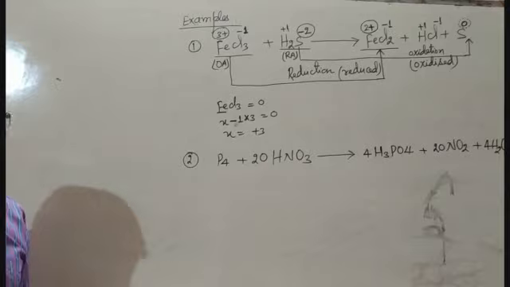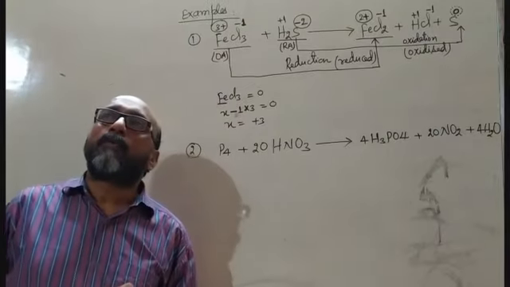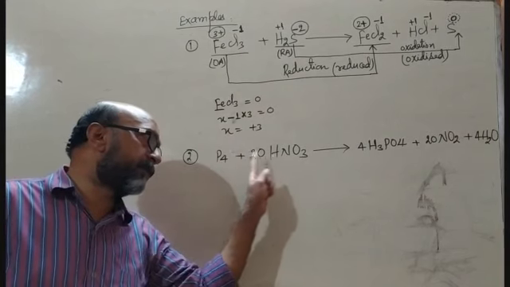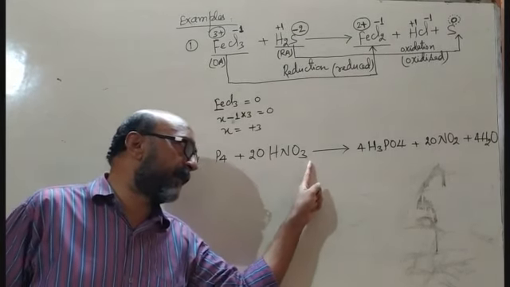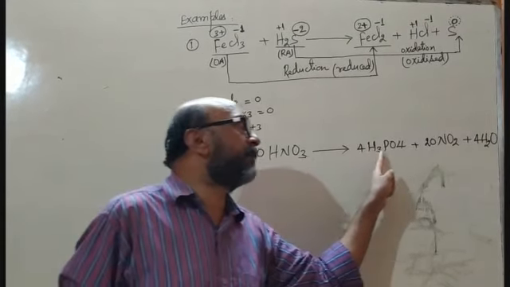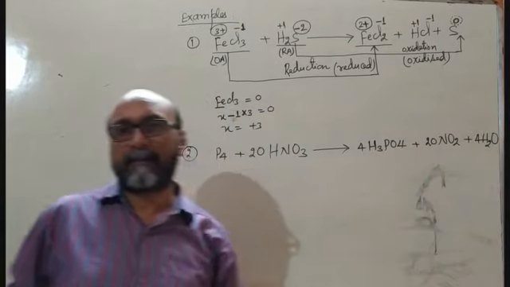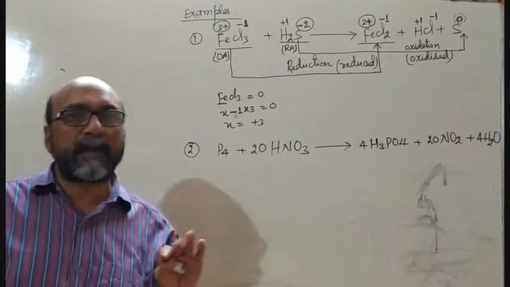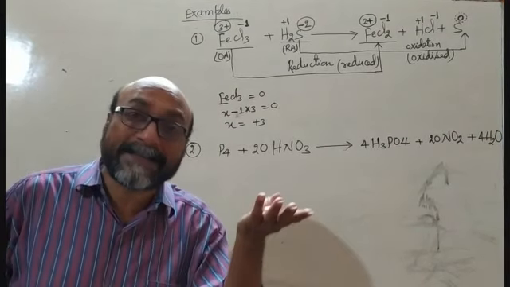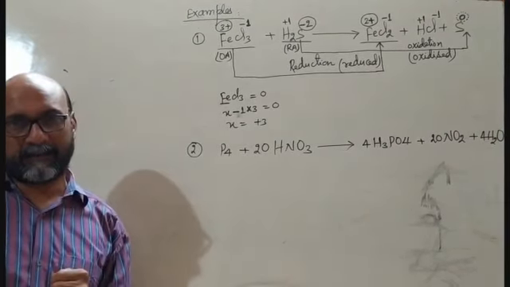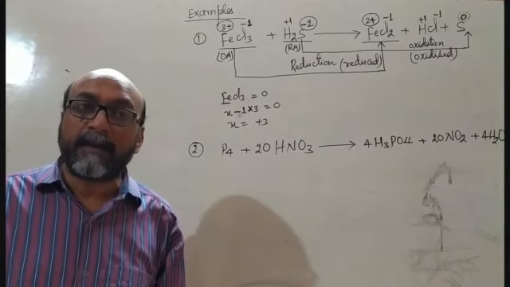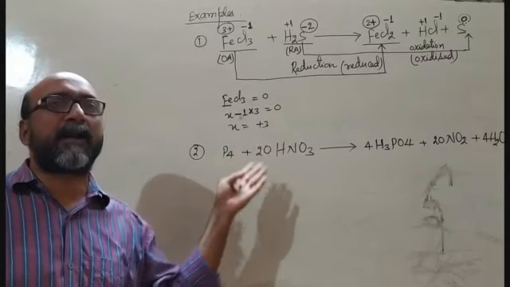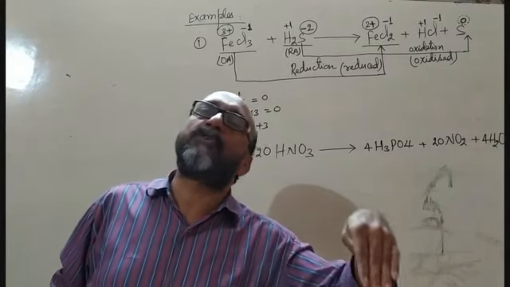Right. In this reaction, we again similarly decide the oxidation state of each element in the reactant and each element in the product. After deciding the oxidation state, we shall again look into the change in oxidation state. And on the basis of change in oxidation state, we shall decide the substance oxidized and reduced.